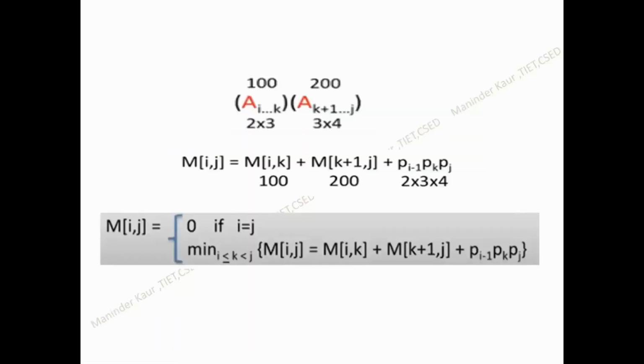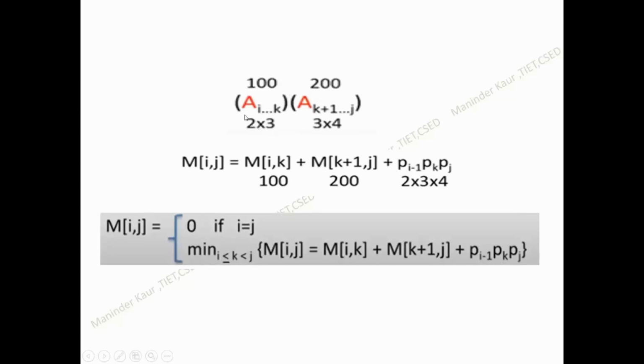Now moving further, this is a general formula which will be used throughout matrix chain multiplication for solving the same problem using dynamic programming. Let us suppose there is some partial result where you want to multiply the chain of matrices Ai till Aj, and there is one index k which gives you the optimal result.